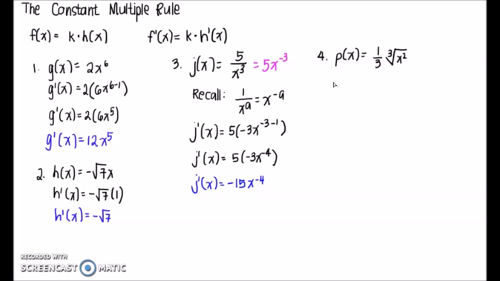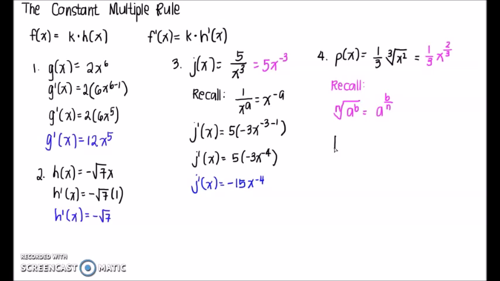Let's recall that the nth root of a raised to b is just equal to a raised to b over n, which means that we can rewrite this into 1/3 times x raised to 2/3. So which means that we can still apply the constant multiple rule.